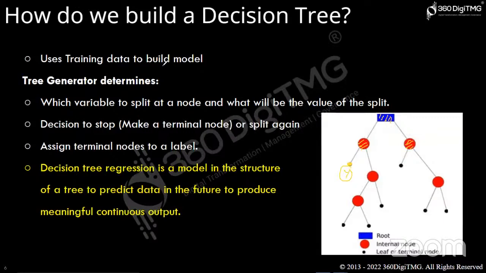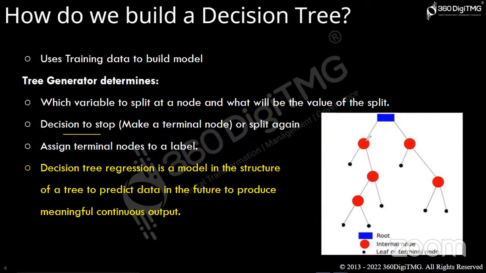The decision tree model uses the training data to build the model, and there are three things that are very important to take care of: which variable to split at a node, what the value of the split will be, and the decision to stop.